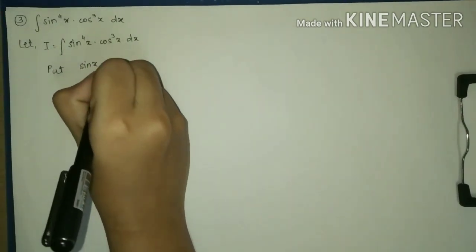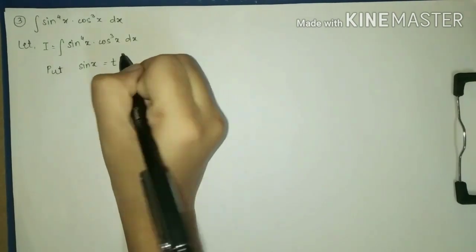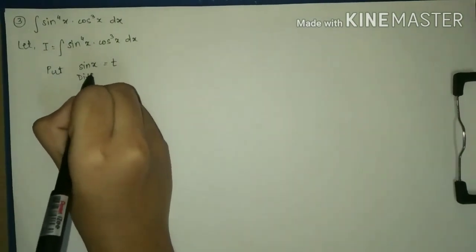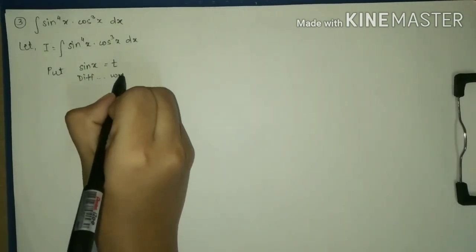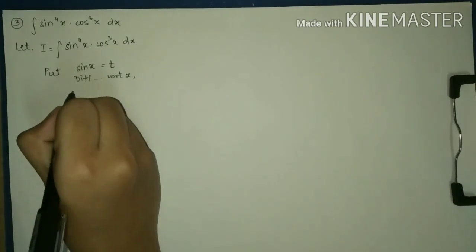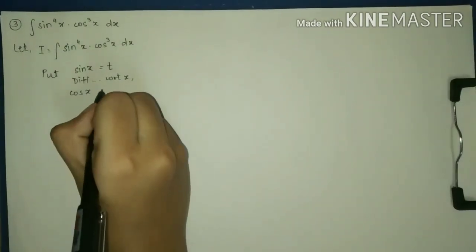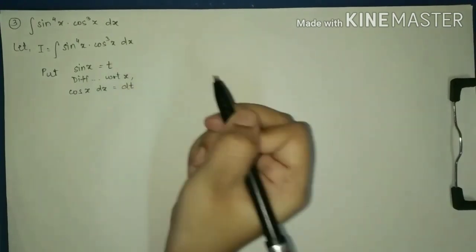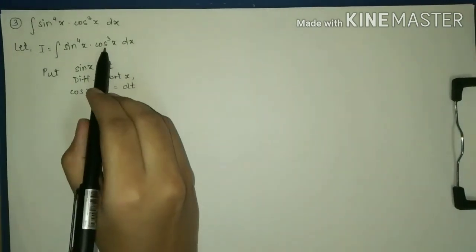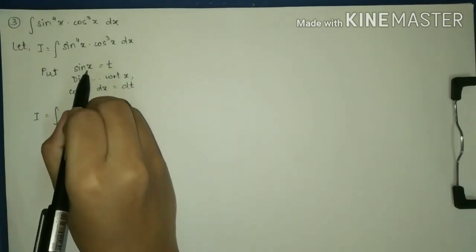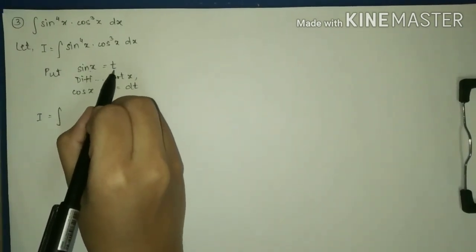Differentiating with respect to x, this becomes cos x dx equal to dt. Now when I write the question back again, instead of sin x I have to write t.